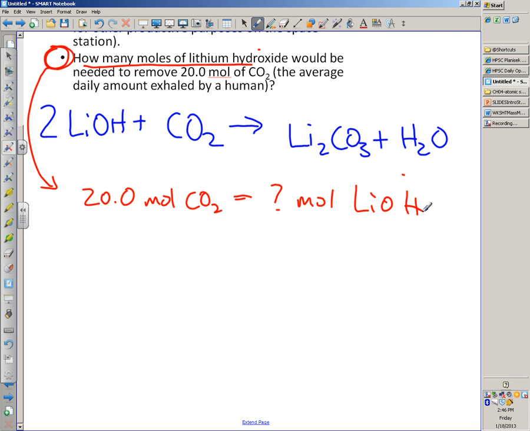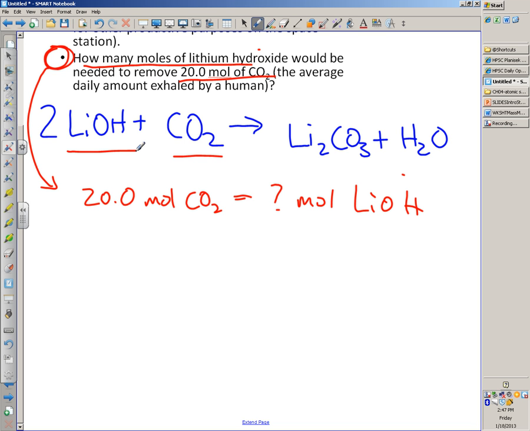That's what this problem is asking us for, right? If I'm exhaling 20 moles of carbon dioxide, right, how many moles of lithium hydroxide do I need to react with that, to get rid of it? Because if I don't get rid of it on the space station, pretty soon my space station fills up with carbon dioxide, and that's a problem. All right? Good there?